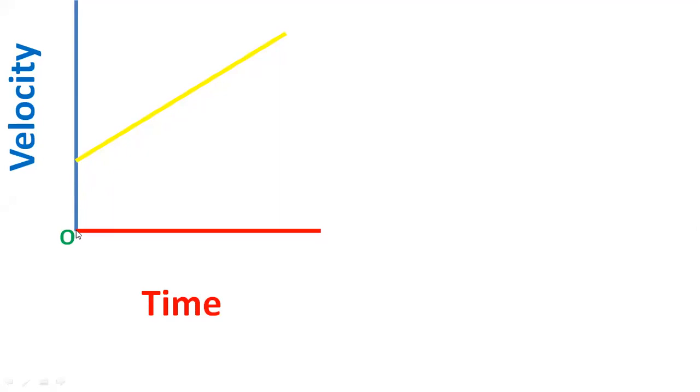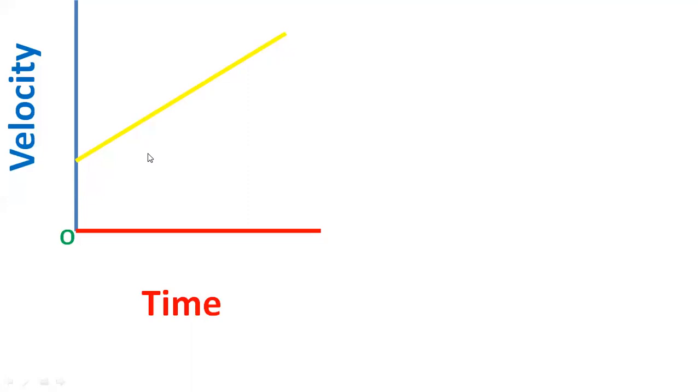Okay, you just move that origin point to somewhat above. What is the meaning of this line? The meaning is that it's a uniform motion, but it is not starting from zero. The initial velocity is not zero. That is the meaning. Because if u becomes zero, then how will we get our formula? So hence what we have done is we have shifted that line from origin to the above point, and that is the line we have drawn.